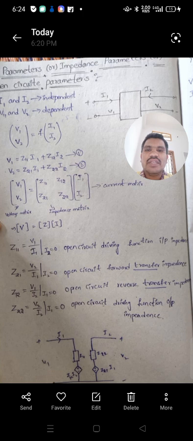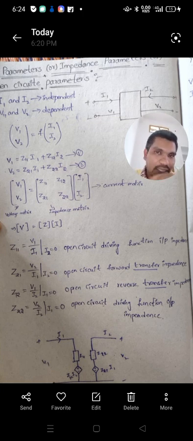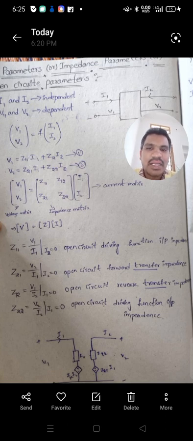From the first KVL equation, V1 is equal to Z11 I1 plus Z12 I2. Here you see V1 is the dependent source and it depends upon I1 as well as I2.